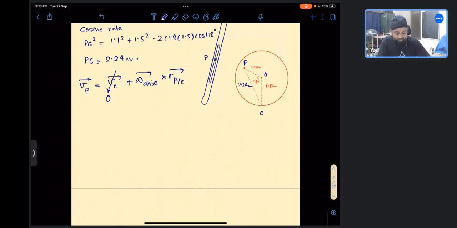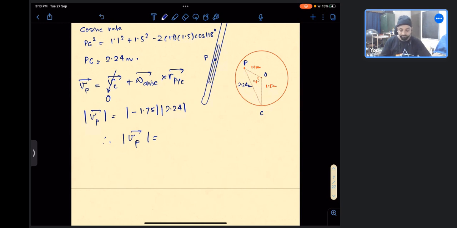So the magnitude of Vp is the magnitude of 1.75 into r PC. The magnitude is nothing but the length of that vector, and we found PC to be 2.24. Therefore the magnitude of velocity of P comes out as 3.92 meters per second.